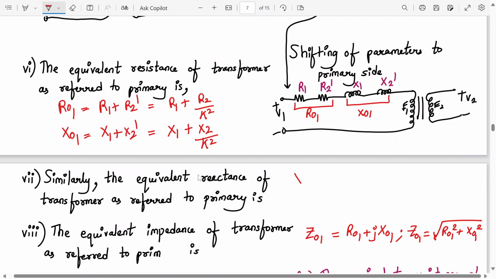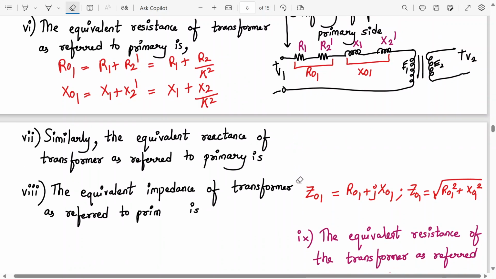We have written over here XO1. Then the equivalent impedance of the transformer as referred to the primary is given by ZO1, which is the combination of these two now. This is ZO1, which is RO1 plus jXO1, or ZO1 will be the square root of RO1 square plus XO1 square.